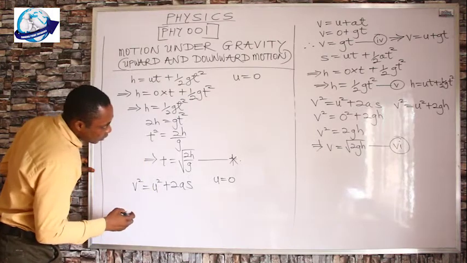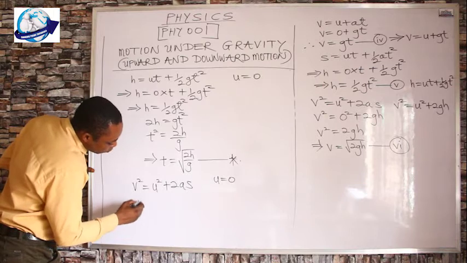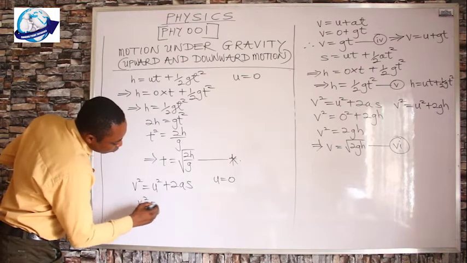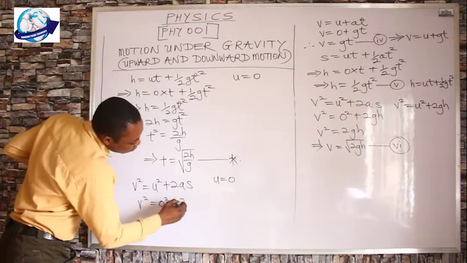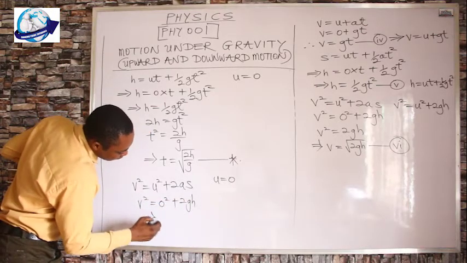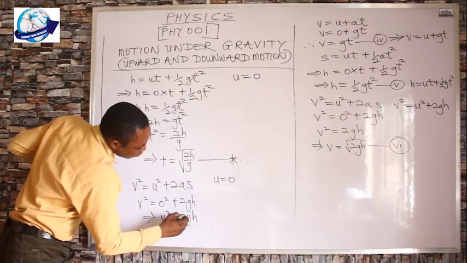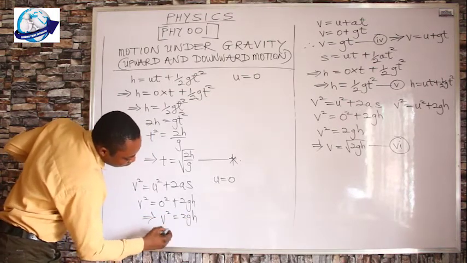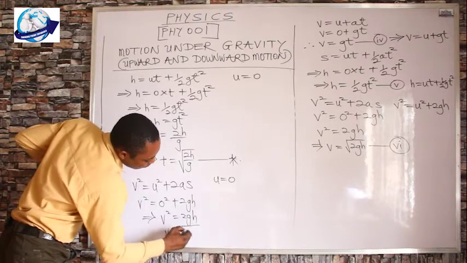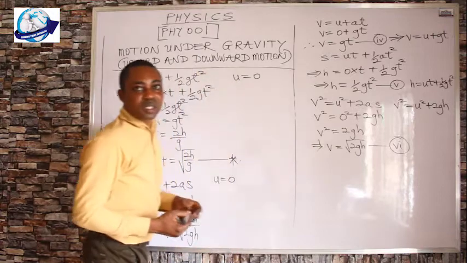Then we can write v squared is equal to 0 squared plus 2gh. Therefore, v squared is equal to 2gh, and you can say v is equal to the square root of 2gh. And that's what we have in equation 6.